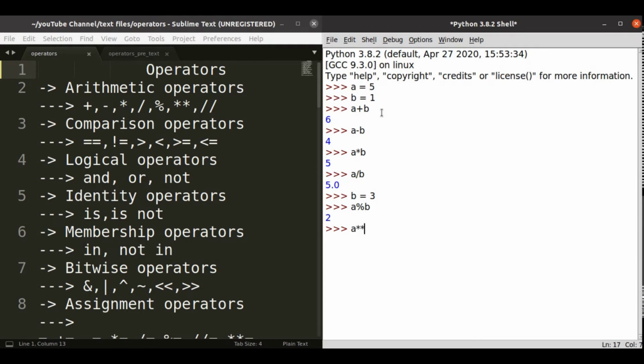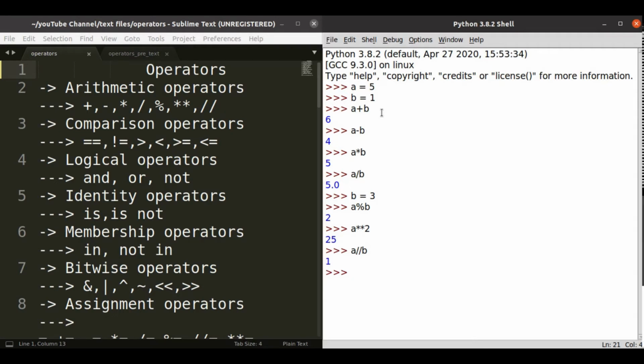First find out A square, which is 25. 5 square is 25, right? A floor division by B, which is 1. As I was saying, 5 divided by 3 has remainder 2, and the quotient is 1.